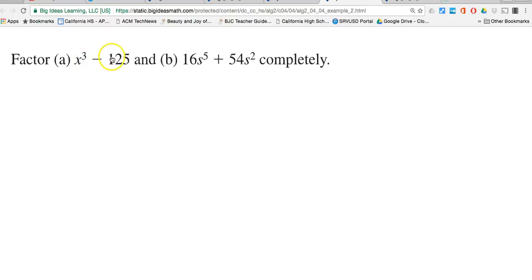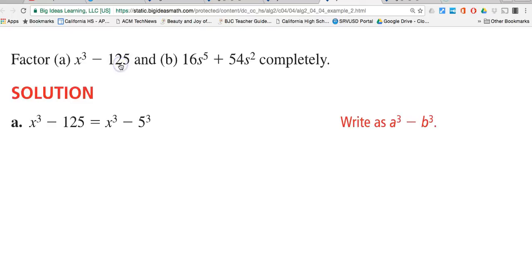So the first step is rewriting this so we can identify our a and b terms. When we rewrite that, we identify that our a term is x, because we've got x to the third power. And like I said, 125 is just 5 to the third power.